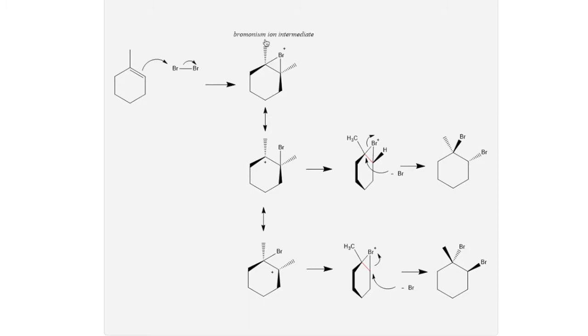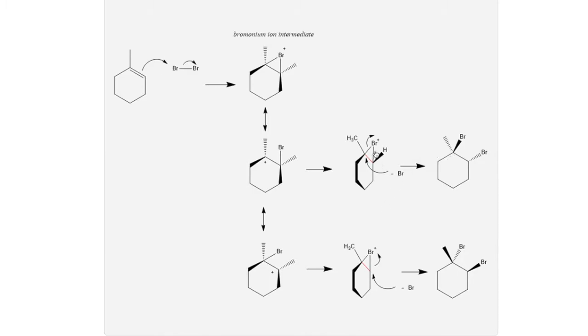So it's in fact the bromonium ion intermediate that's going to lead to the product. Bromonium ions are very similar to carbocations in that they're sp2 hybridized, and that means that they're planar and trigonal in geometry. So attack by the negative charge bromine anion can occur on either the front of the bromonium ion intermediate or on the back of the bromonium ion intermediate. And this is going to lead to formation of 2 possible outcomes.